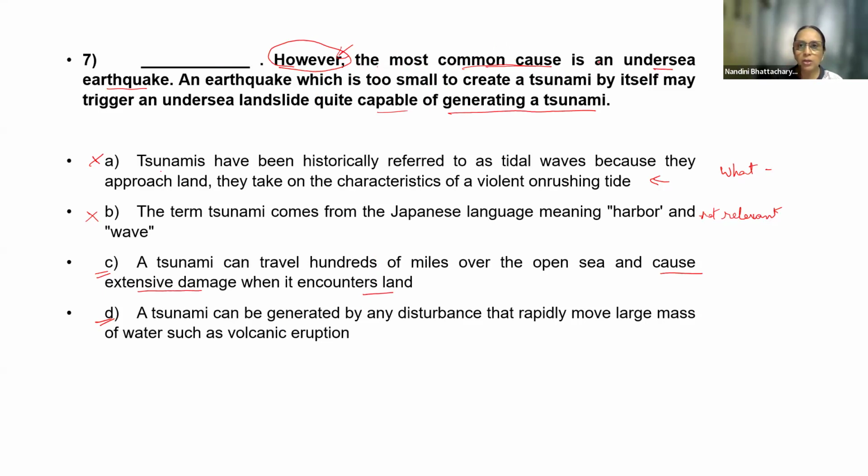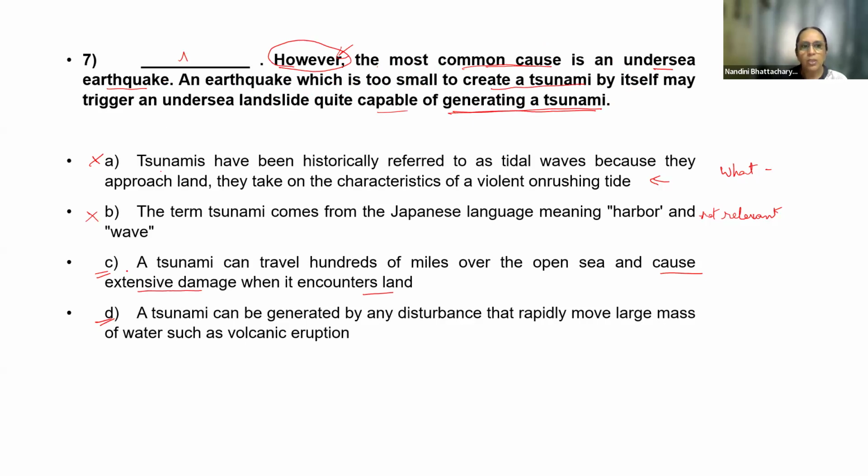Another most common cause is an undersea earthquake. An earthquake which is too small to create a tsunami by itself may trigger an undersea landslide capable of generating a tsunami. So we are all talking about what causes a tsunami. So the sentence before this should be some other reason due to which a tsunami can be generated.